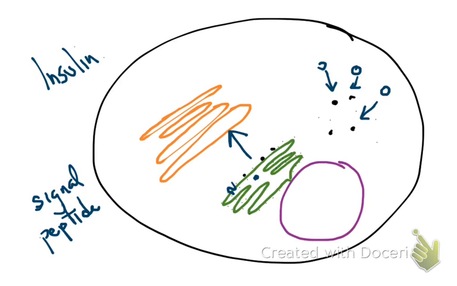Additional modifications might be the addition of lipids or sugars that would be used to help anchor the protein in the cell membrane, for example.